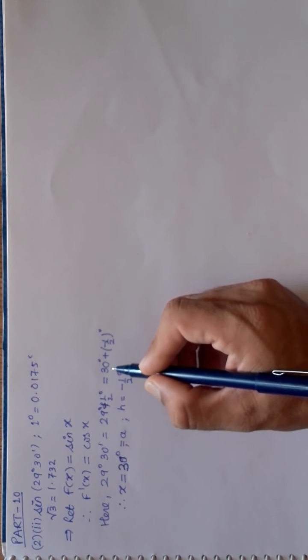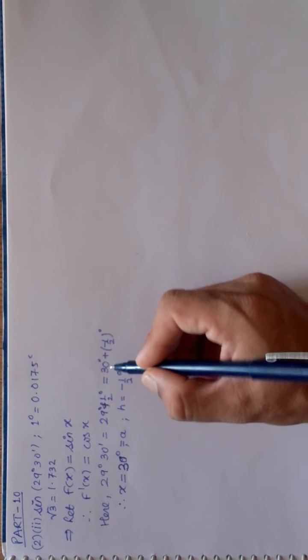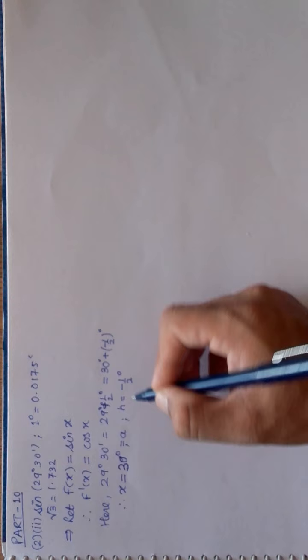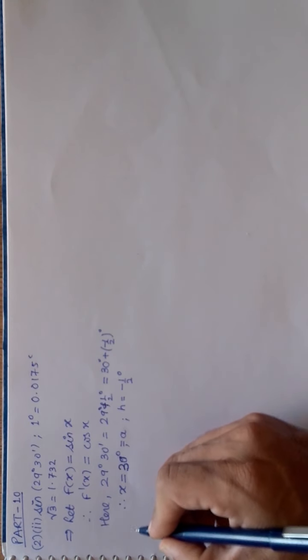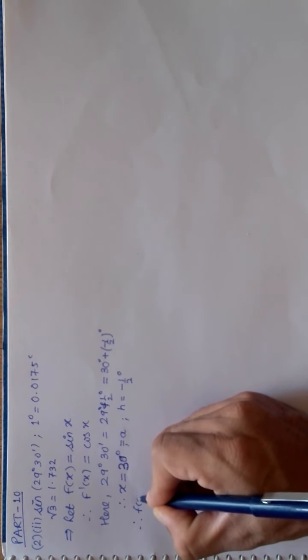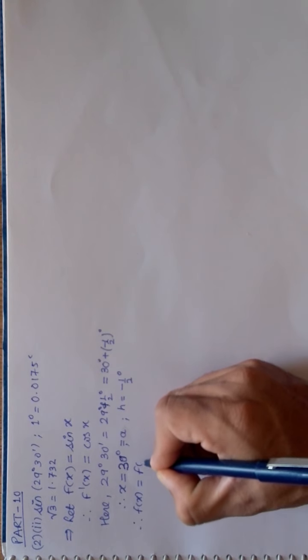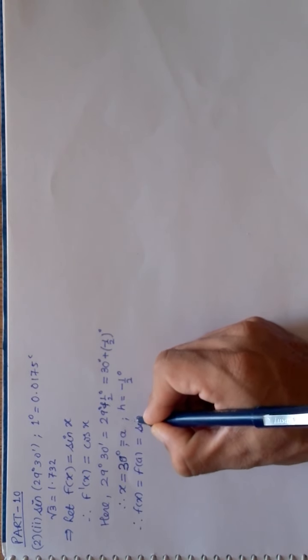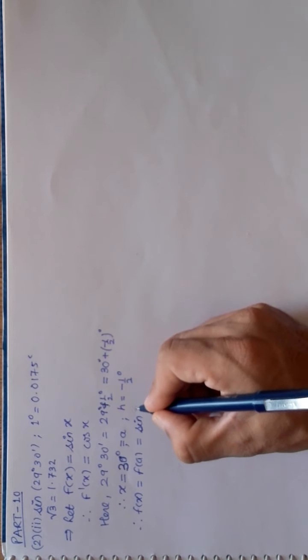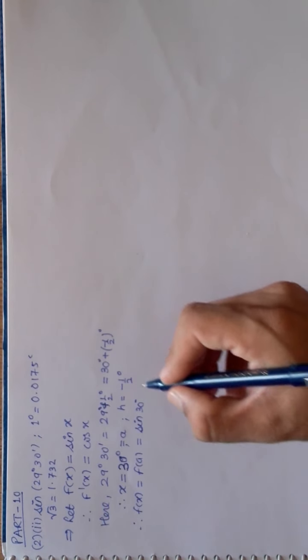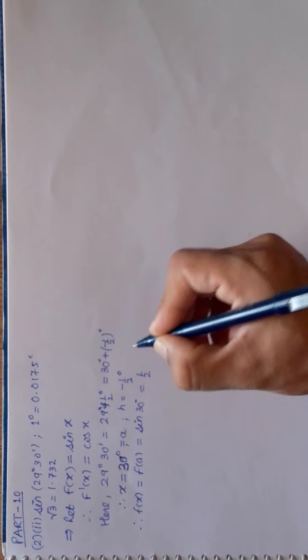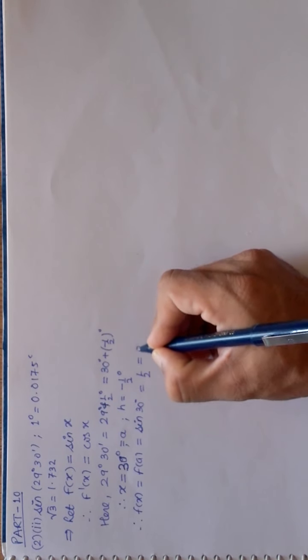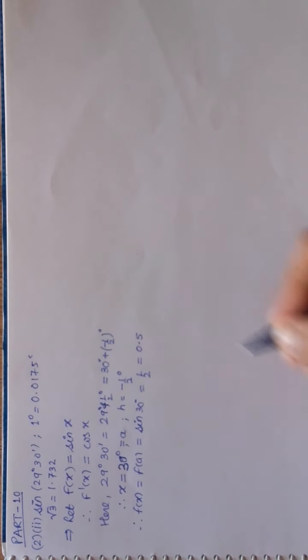So, here comparison when you do, that time a is your 30 degree and h is your minus half. So, we know we need to find function of x, which is nothing but function of a. So, function of a is nothing but your sin x, that is sin 30 degree, that is your half. Convert this directly as 0.5. Agreed.